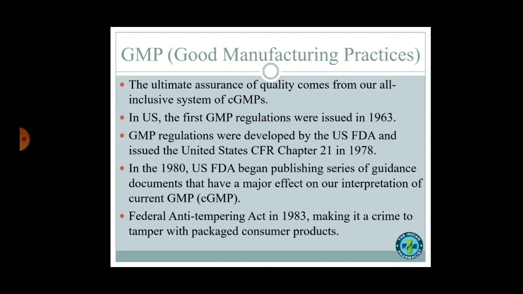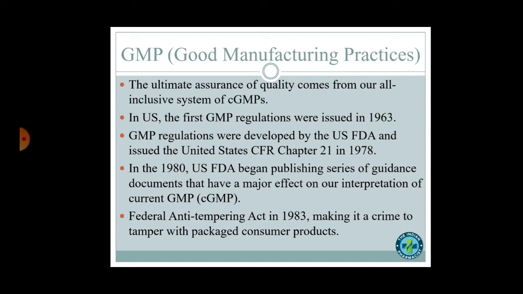GMP regulations were developed by the US FDA and issued in US CFR Chapter 21 in 1978. In 1980, the US FDA began publishing a series of guidance documents that have a major effect on the interpretation of CGMP. The US Congress passed the Federal Anti-Tampering Act in 1983, making it a crime to tamper with packaged consumer products.